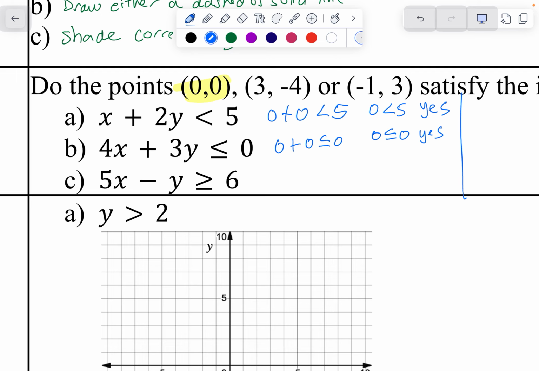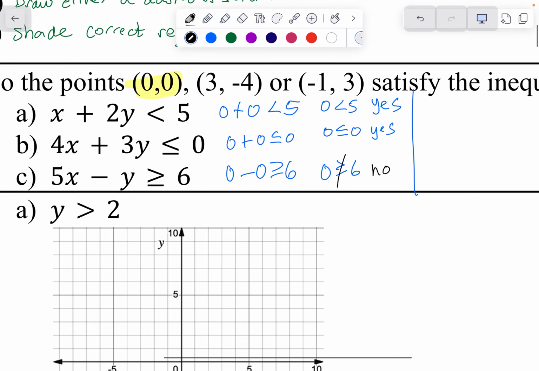Let's check 0, 0 in the last one. We get 0 minus 0 is greater than or equal to 6. Is 0 greater than or equal to 6? Nope. So that's a no. Okay. So in this spot here, we checked 0, 0.